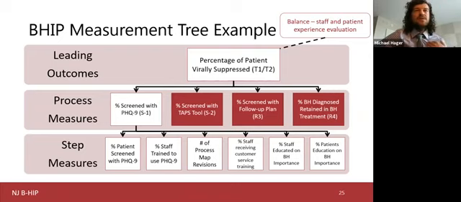These are things that occurred to me that are important for considering a screening program using a tool like PHQ-9. Are all the patients being screened with the same tool, or do you have renegade providers that are using another tool that they insist is better, and to hell with PHQ-9? Next, the number of staff that are trained to use a PHQ-9. You can think about this in concrete terms: what is the PHQ-9?